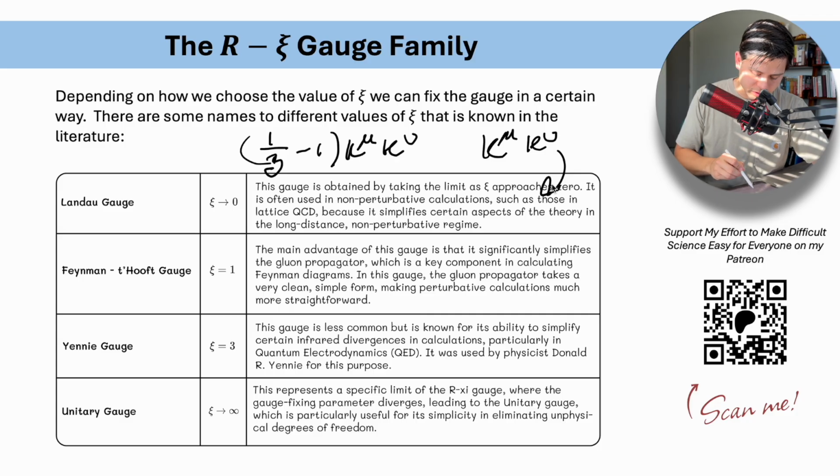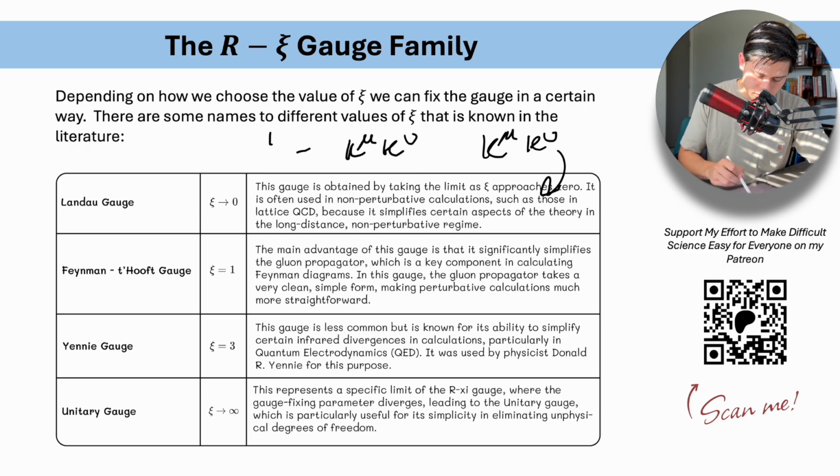And then when chi equals 1, this is the Feynman-'t Hooft gauge. 't Hooft is a famous theoretical physicist. The main advantage of this gauge is that it significantly simplifies the gluon propagator, right? Because imagine if this was 1, that'd be 1 minus 1, and this whole thing would go to 0.